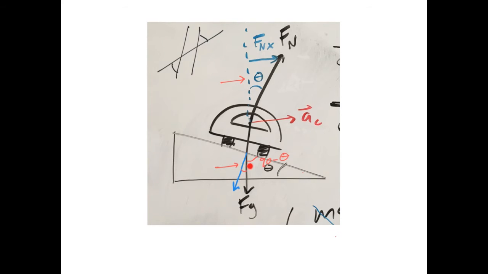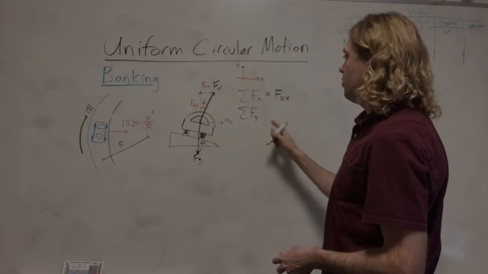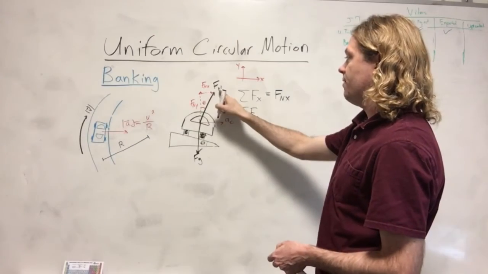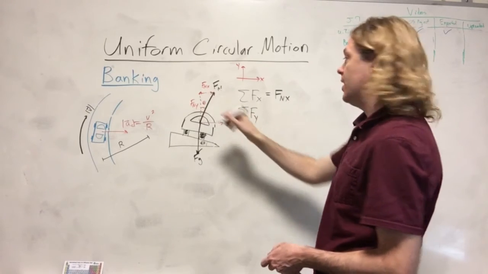This angle right here is a 90-degree angle because I said this was parallel to this guy. And so this angle is going to be 90 minus theta, and that is theta. And that's a proof of why this angle is equal to that angle. So if I do that, I can then write this Fnx is Fn sine theta.